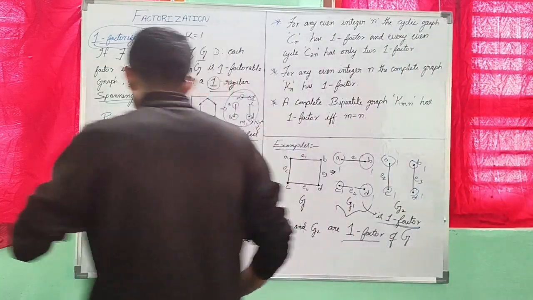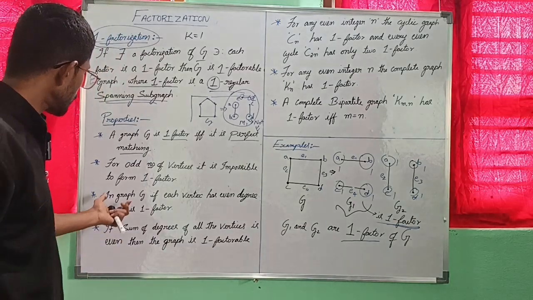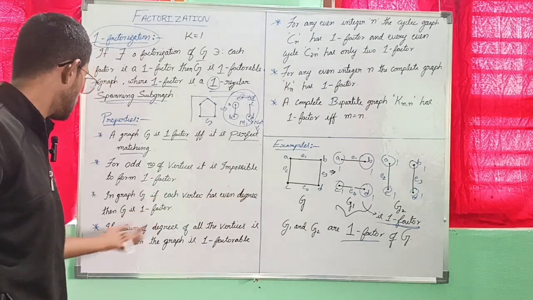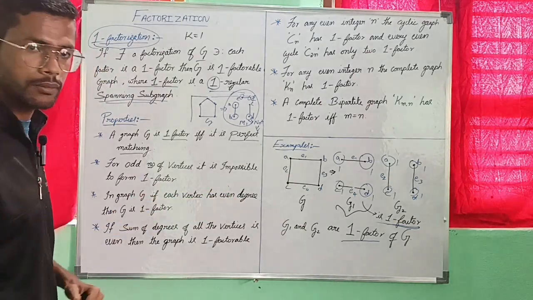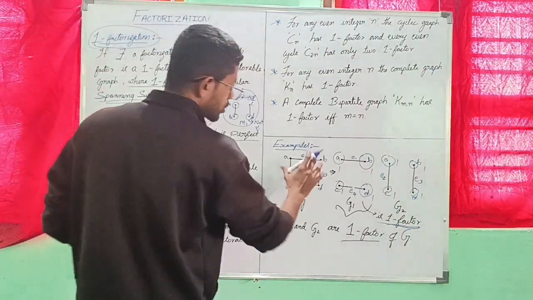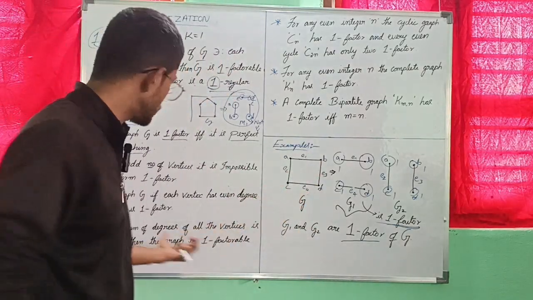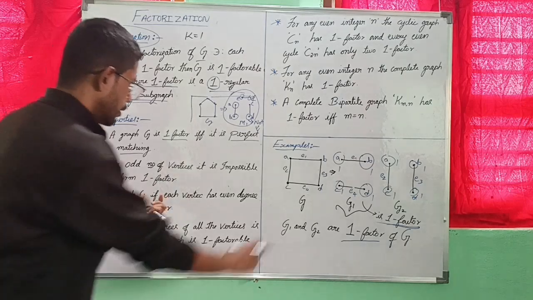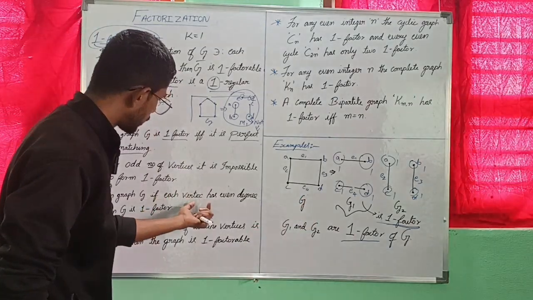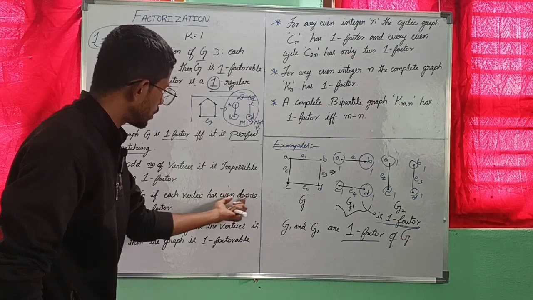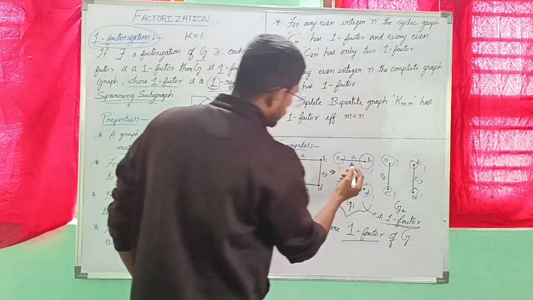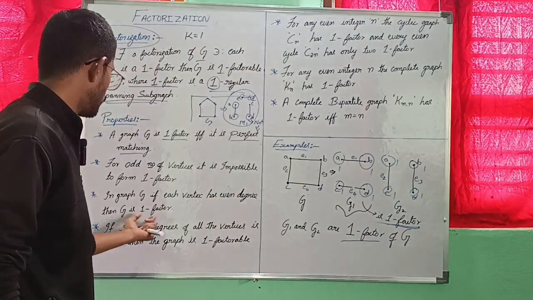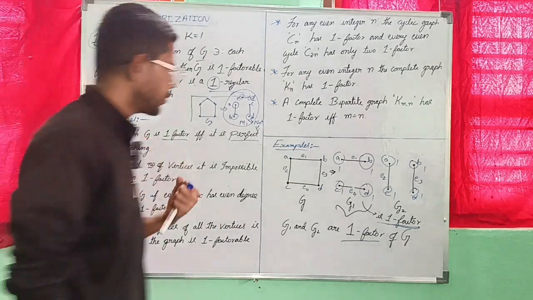The third property is: in graph G, if each vertex has even degree, then G is one factorable. The same example is a perfect example for this third property. The main thing here is that each vertex has even degree.